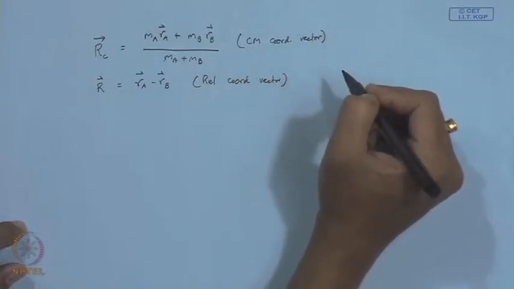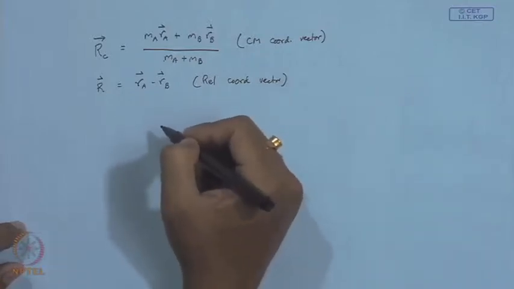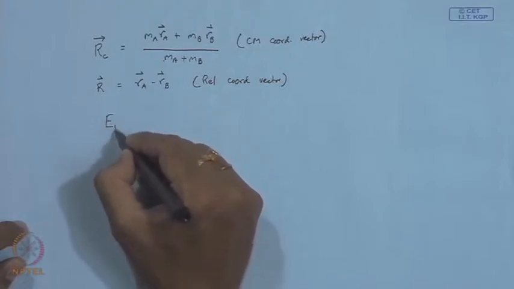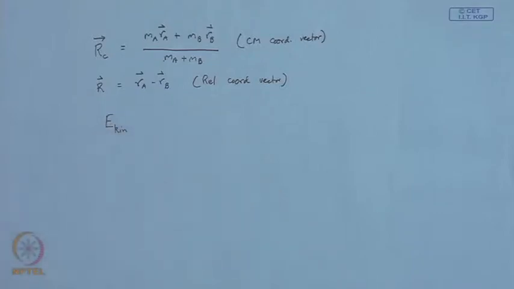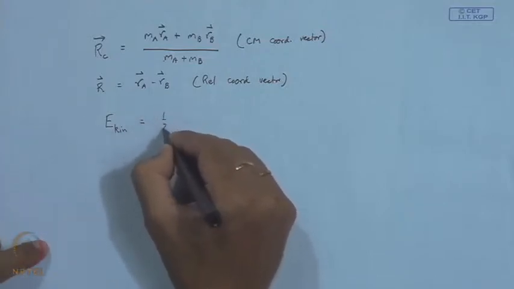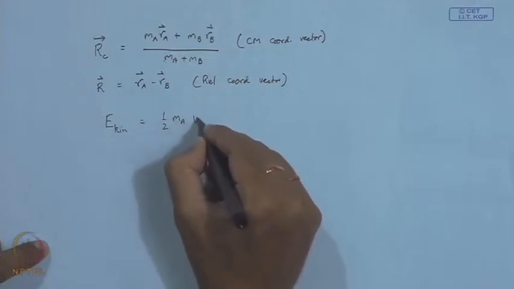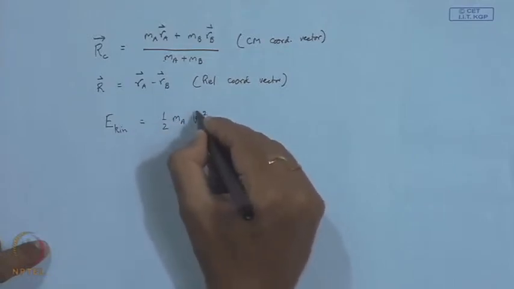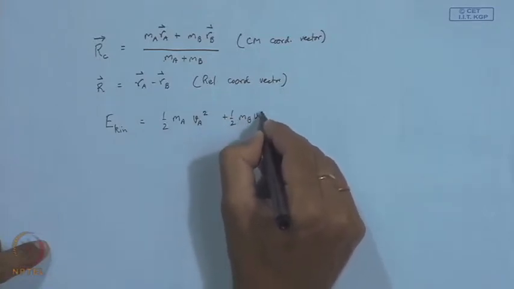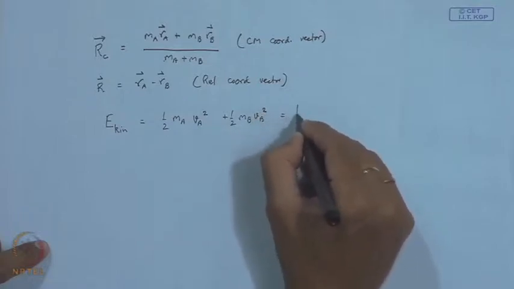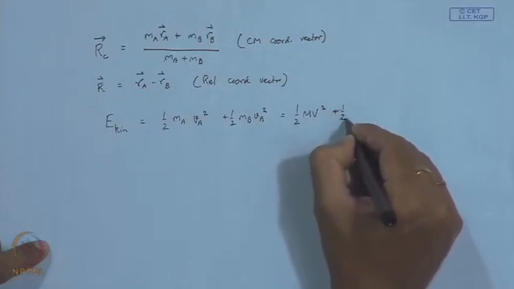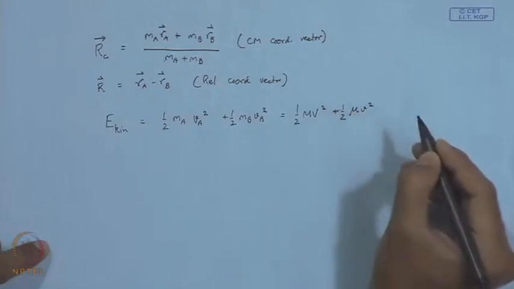And from vector principles, it can be easily shown that the kinetic energy of the system can be written like this: half m_a V_a square plus half m_b V_b square is equal to half M V_c square plus half mu v square.